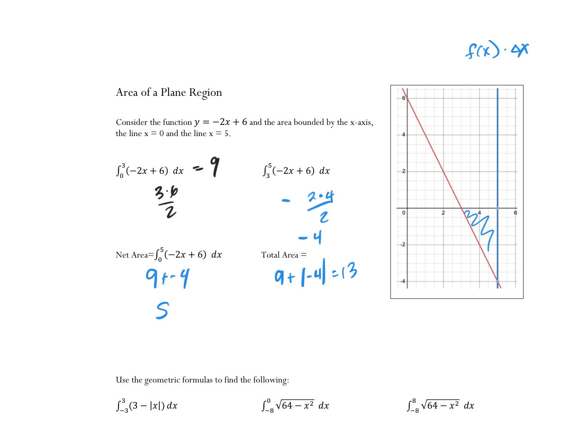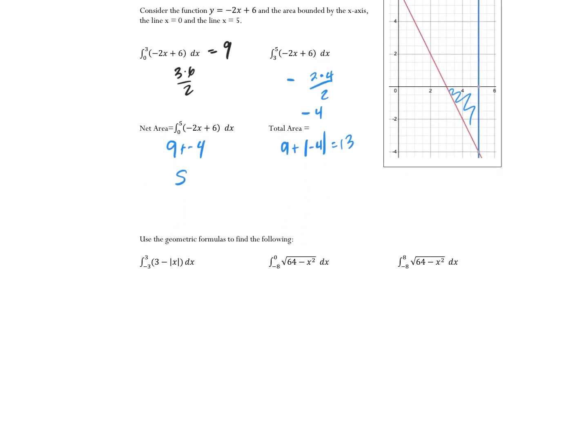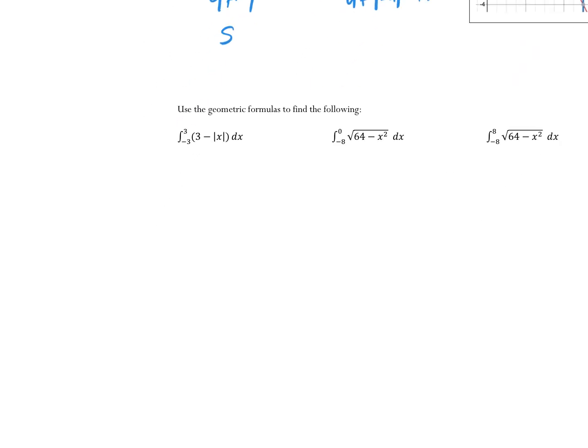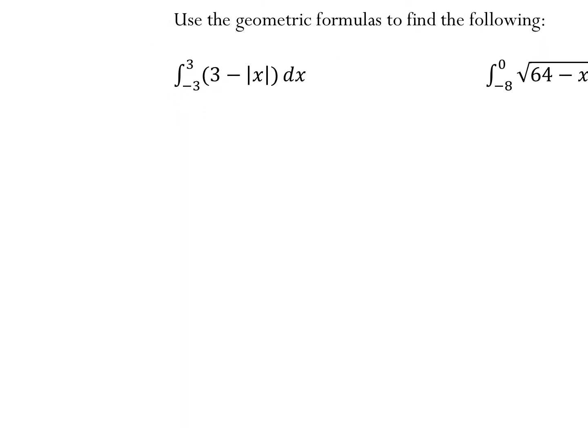Now, understanding that integrals and area are the same thing can be quite helpful when we have things that are challenging to integrate. For example, can we integrate 3 minus the absolute value of x between negative 3 and 3? No, because it's not differentiable.